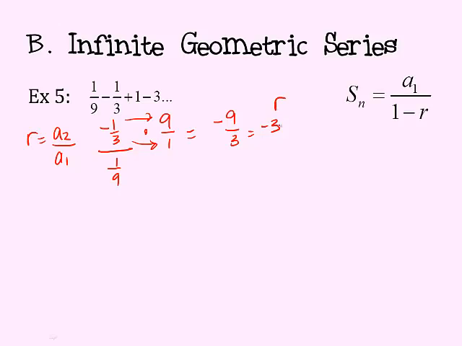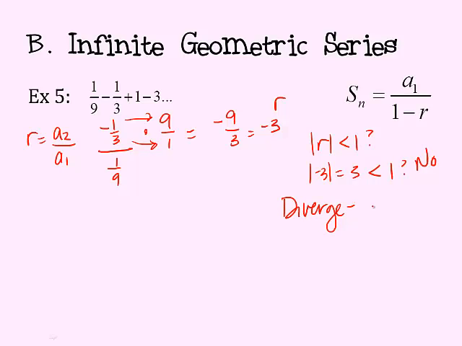Well, this is r, right? Absolute value of r. Is it less than 1? Absolute value of negative 3 is 3. Is that less than 1? No. So this one would diverge. So I would say it does not exist. But I have to find out what r is first before I can make that conclusion.